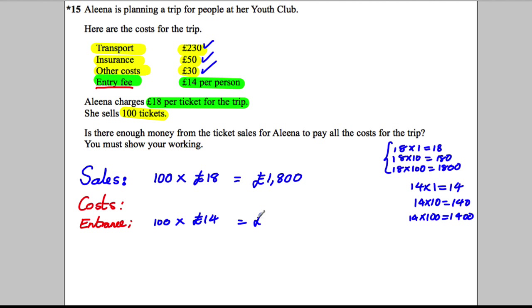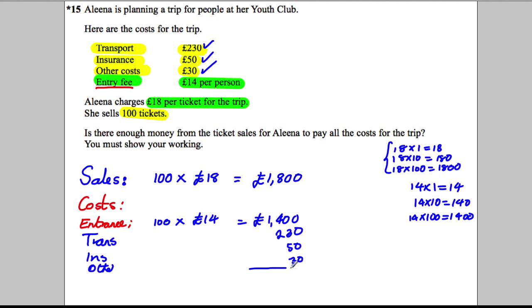So therefore this is 1,400, and then the other costs are one-off costs. So we've got transport, that's going to be equal to 230. We've got insurance, that's going to be equal to 50, and we've got other, which is equal to 30.